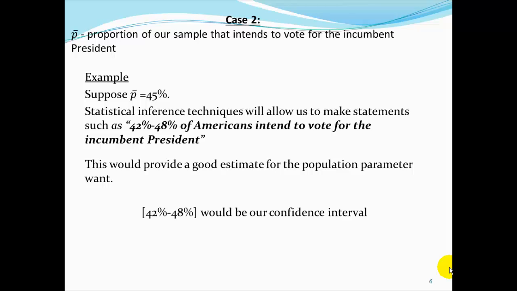These statistical inference techniques will allow us to make these statements simply based upon our sample proportion that we obtained, 45%. This would provide a good estimate for the population parameter that we want. 42 to 48% would be considered our confidence interval.